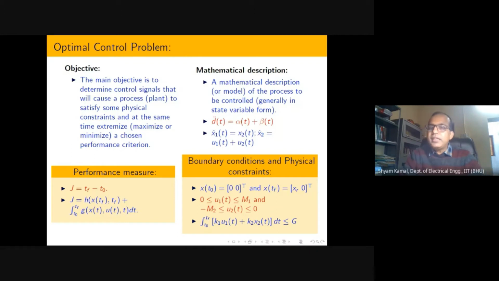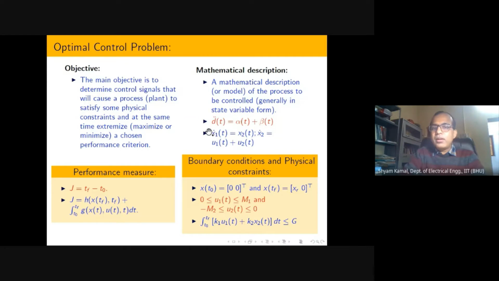How does physical meaning come into the picture? Whatever variables are involved in representing the higher order differential equation using first order ones, I define as states.